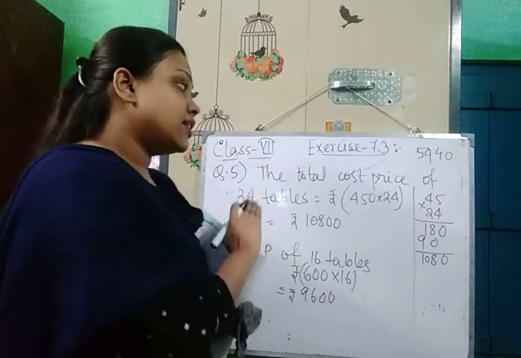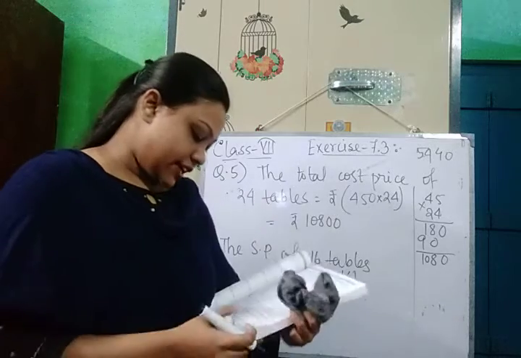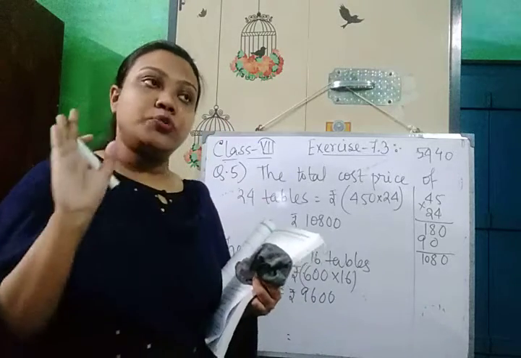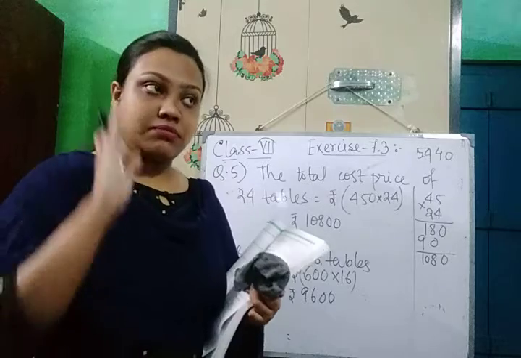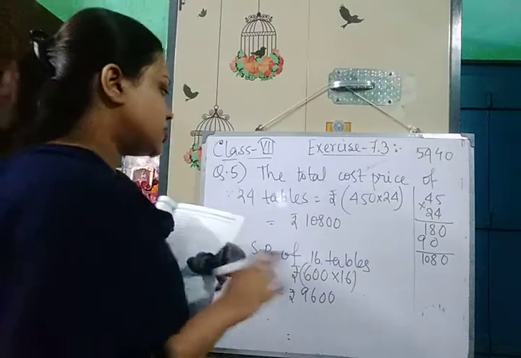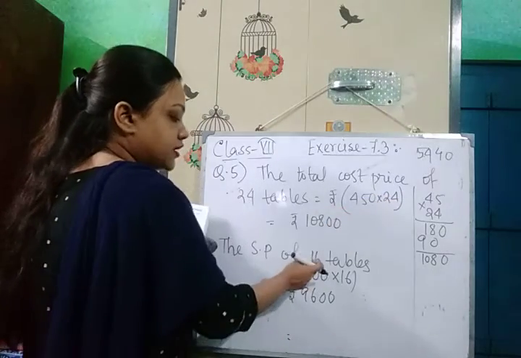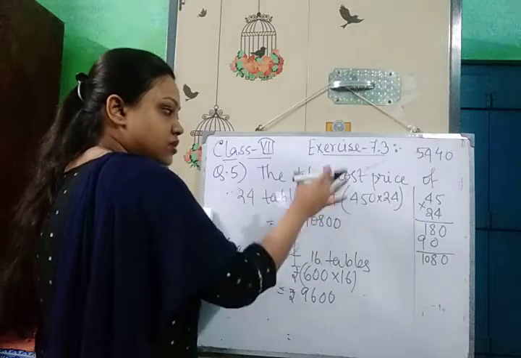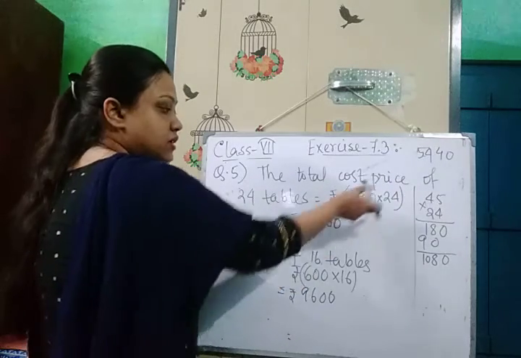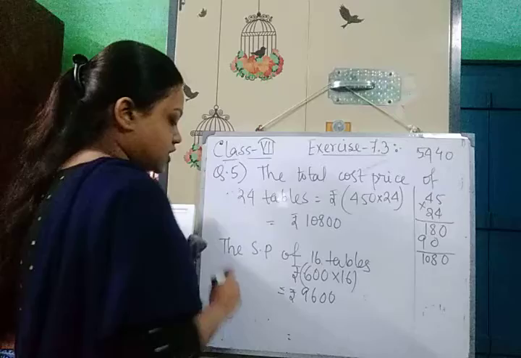And the remaining tables he sold at a rate of rupees 400 per table. So rupees 400 is the rate of selling price for the remaining tables. So remaining means, total is 24 and he sold 16, so the remaining is 24 minus 16.